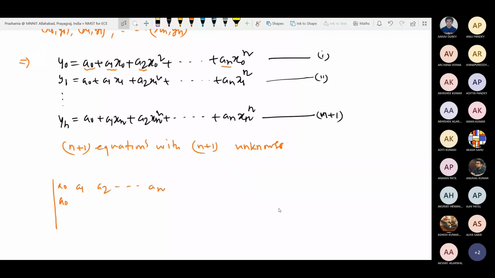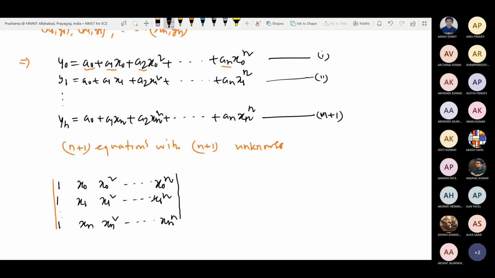No, this is not the coefficient, these are the unknowns. The a's are the unknowns. x0, x1, x2, these are the known values. So you were saying the wrong thing. So it will be 1, x0, x0 square up to x0 power n; 1, x1, x1 square up to x1 power n; 1, xn, xn square up to xn power n.